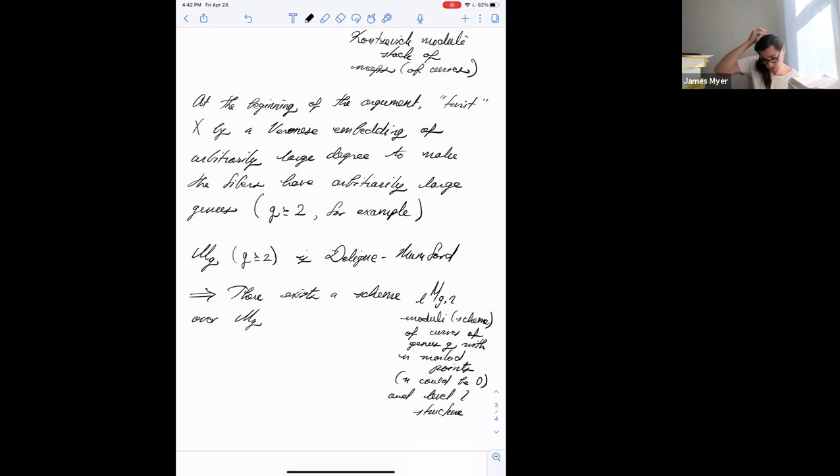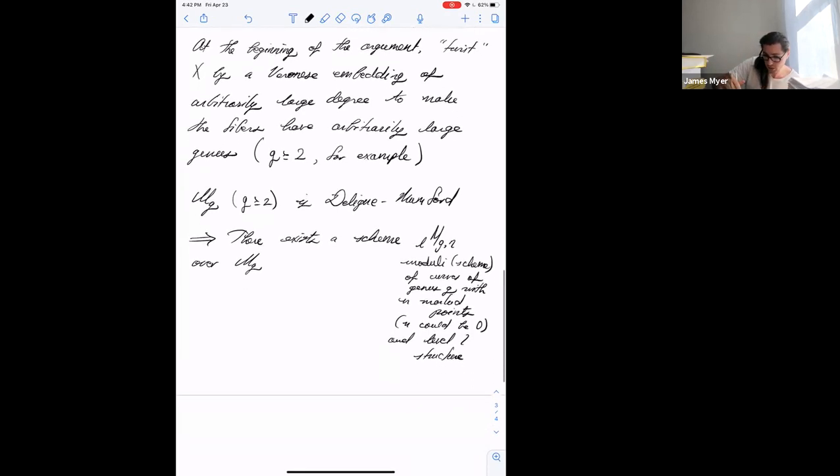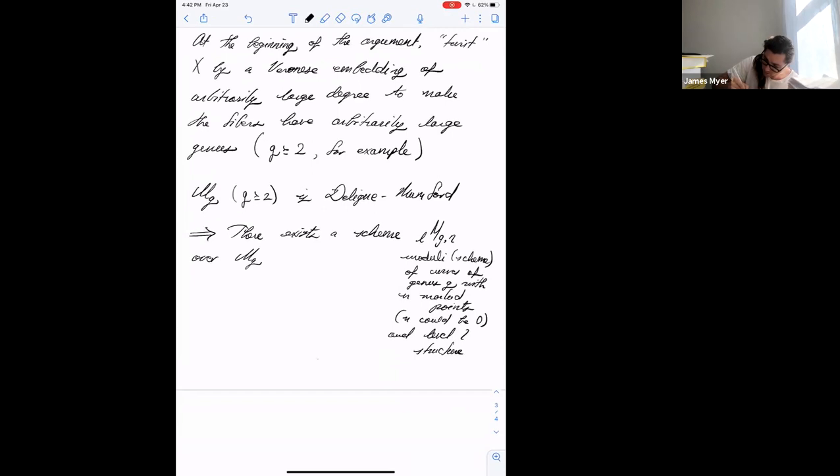Level L structure just means you pick some sort of isomorphism of the étale cohomology of the curves in the fiber.